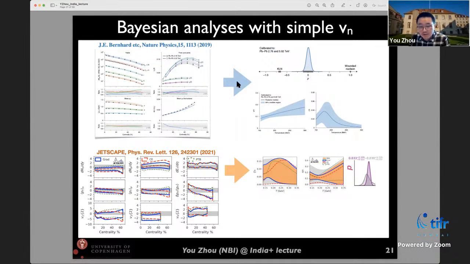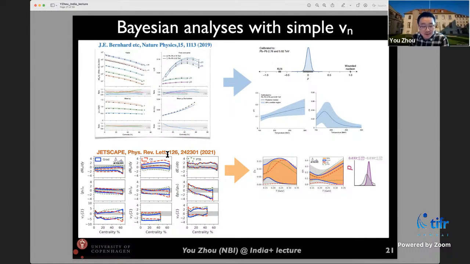They can do global fits and extract the initial condition as well as the viscosity of the quark-gluon plasma. Here is the eta over s, the shear viscosity over entropy density ratio as a function of temperature, and on the right, the bulk viscosity as a function of temperature.